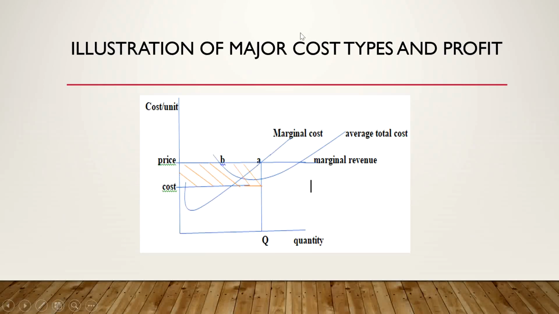We'll also draw a graph here to bring the relationship closer to what we are talking about: the unit cost versus quantity, and we have the element of prices here. Costs come in here, of course: marginal costs, average total cost, and marginal revenue.